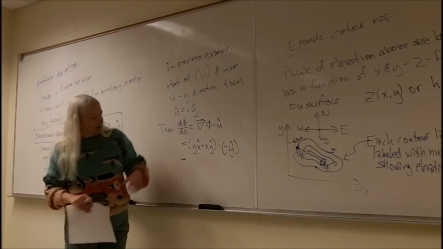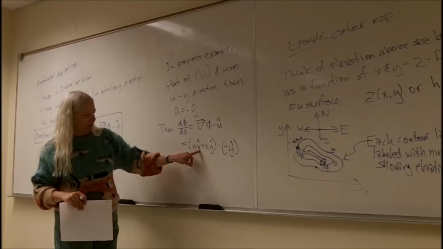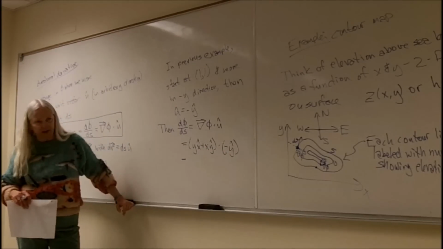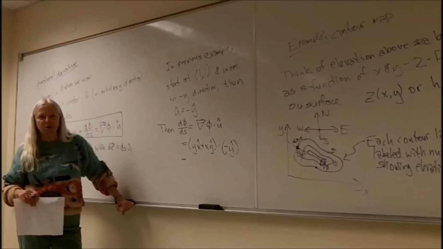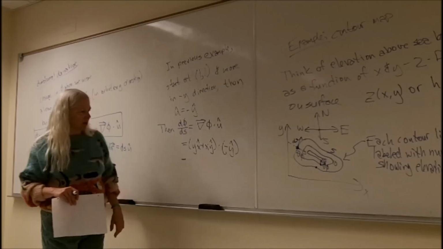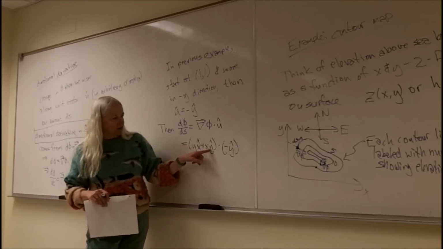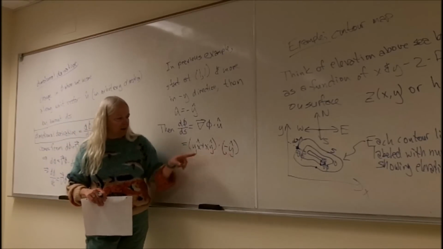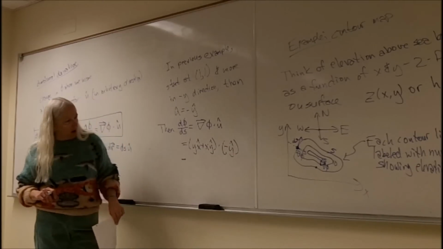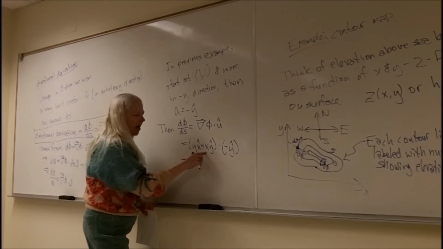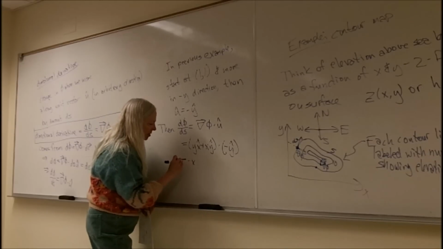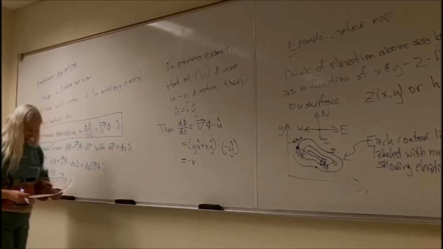So, of course, we could distribute this, right? We have a term that involves x hat dot y hat, but we know that's 0 because x hat and y hat are perpendicular to each other, and the dot product of two perpendicular vectors always gives us 0. So the only non-zero term comes from y hat dotted into y hat, which gives us 1, so we just get an x and a minus 1 from there. So the result is simply minus x. Okay?